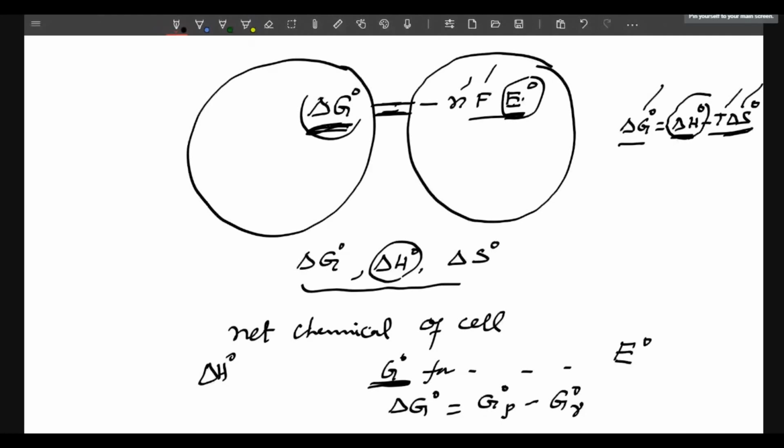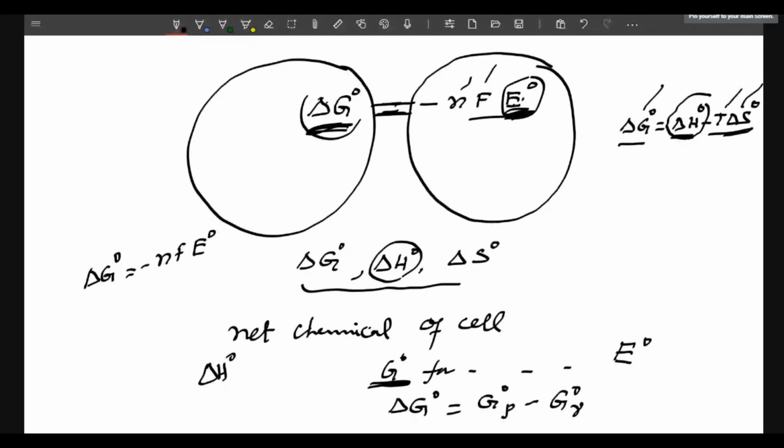And for our CSIR examination, you may be asked to calculate the maximum energy, the maximum work done by the system. Analyze this equation, delta G naught is equal to minus nFE naught.